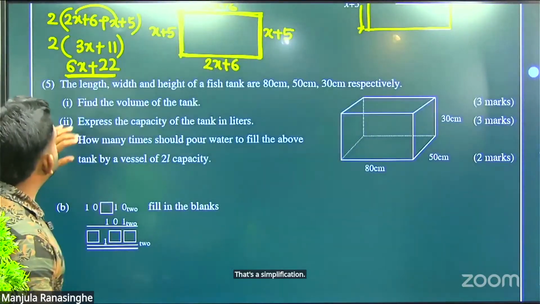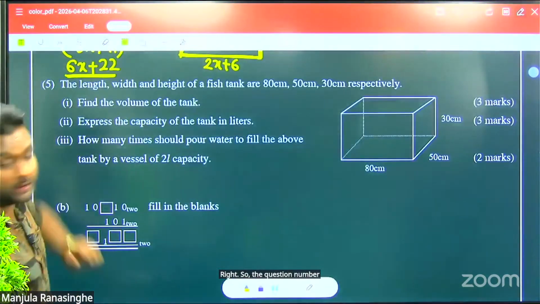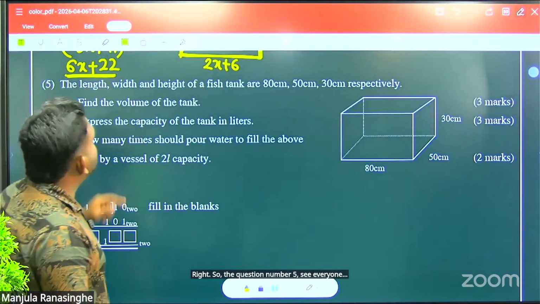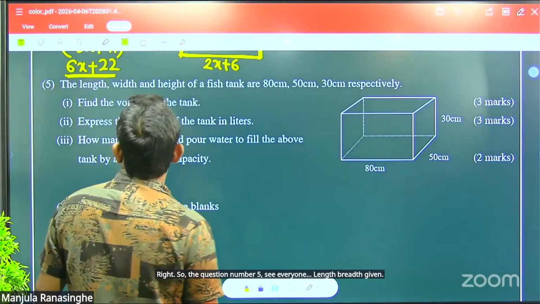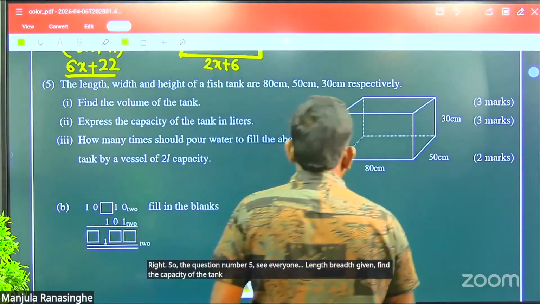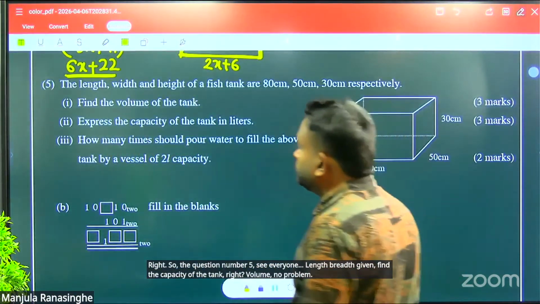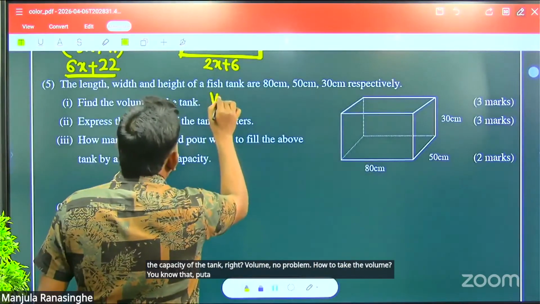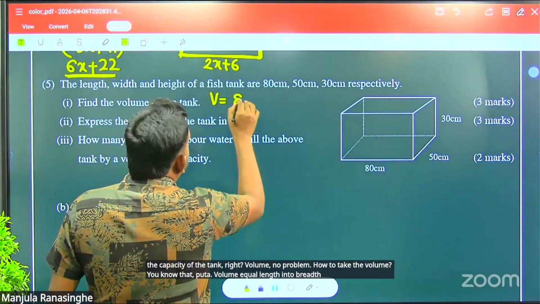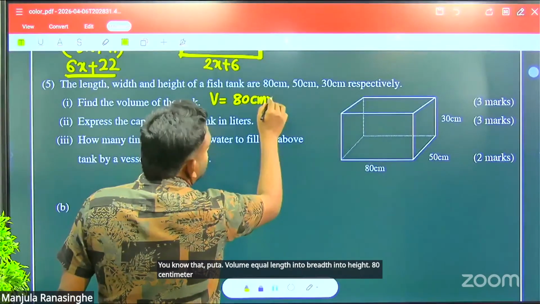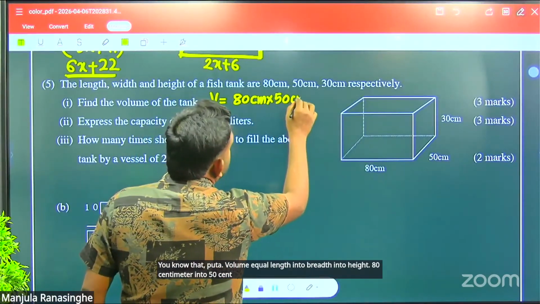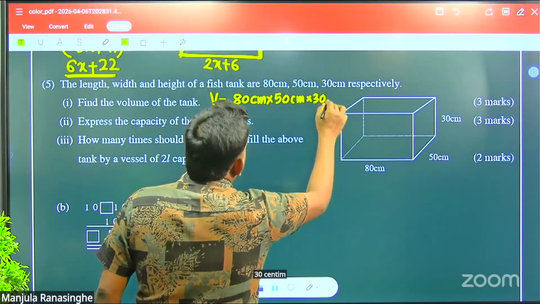Right. So question number 5, see everyone. Length, breadth, height given. Find the capacity of the tank. Volume, no problem. How to take the volume? You know that, volume equals length into breadth into height. 80 centimeter into 50 centimeter into 30 centimeters.